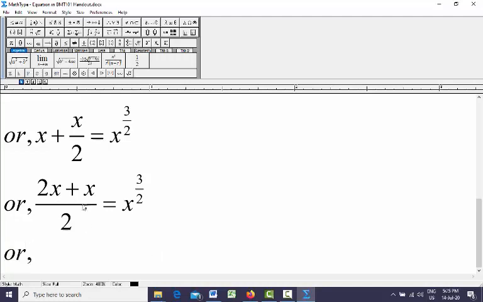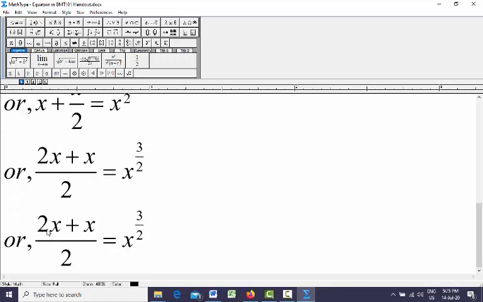So 2x plus 2, here we get 3x by 2. Here we get 3x by 2, right?